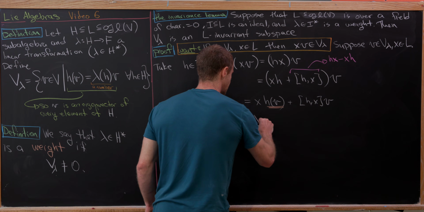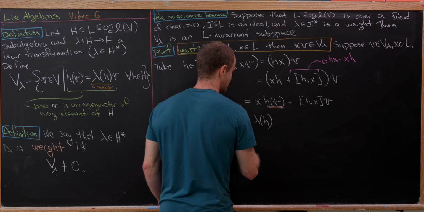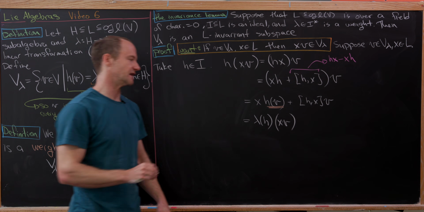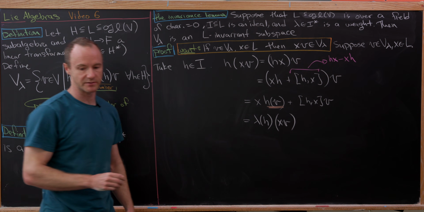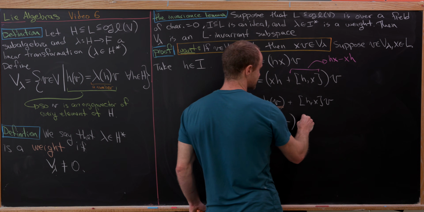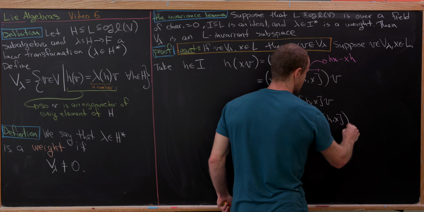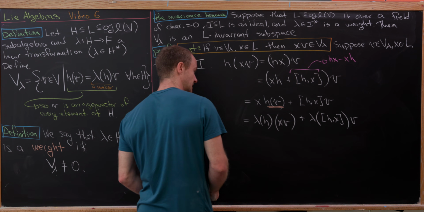So notice this is going to be lambda applied to H, and then this is multiplying into X times V, again, because V is inside of V lambda. And then this right here is going to be lambda applied to HX applied to V.